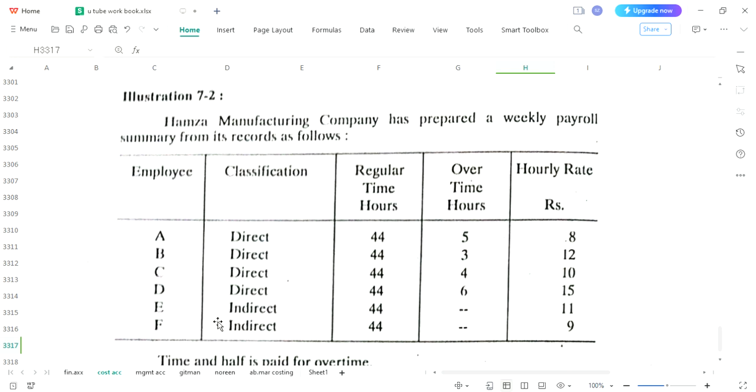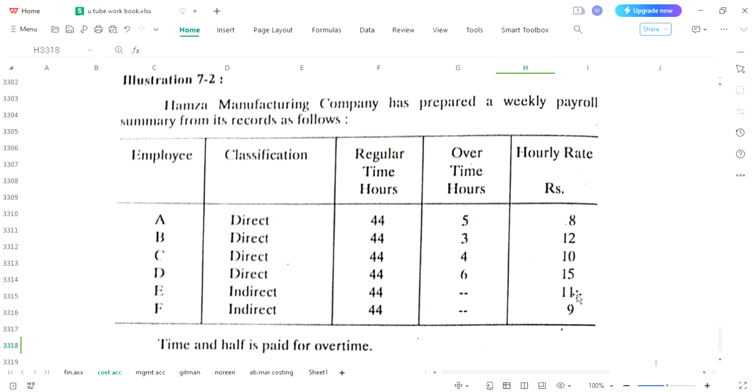If these two are computer operators, they are indirectly associated with the production, and the above four are producing garments. So these four are direct labor and the last two are indirect labor. They have worked for these many hours, overtime is there, and the hourly rate is present.